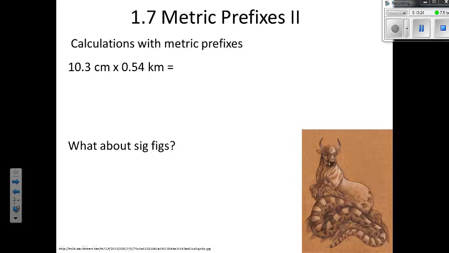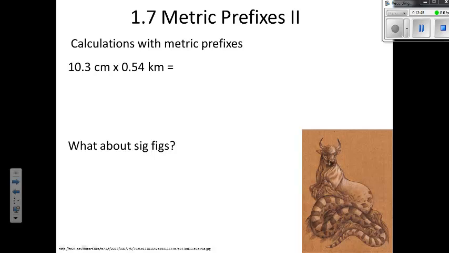Okay, so what else we got here? Calculations with metric prefixes. Now we're doing multiplication. So as we remember, centimeters is 10 to the minus 2, kilometers is 10 to the third.